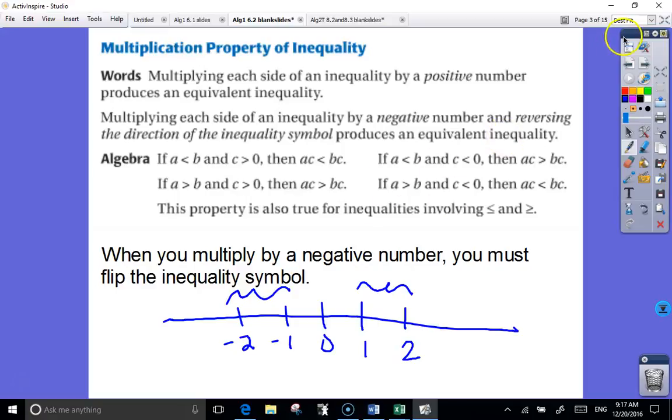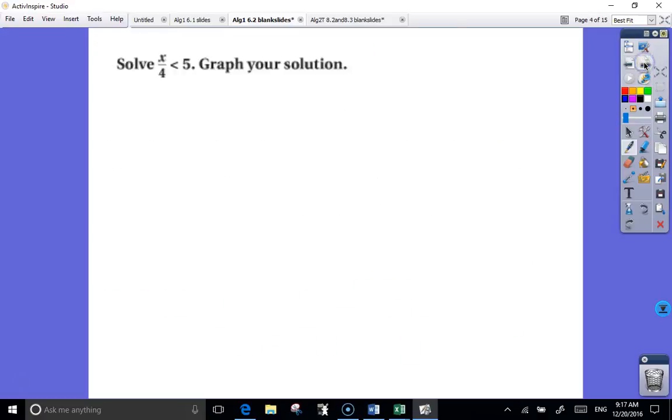Okay, so we'll do a couple of these. So solve. This is not going to be the case every time you multiply. This first one, it's not the case. What do I have to do to isolate the variable? Multiply by 4. The variable is being divided by 4, so you need to multiply by 4.